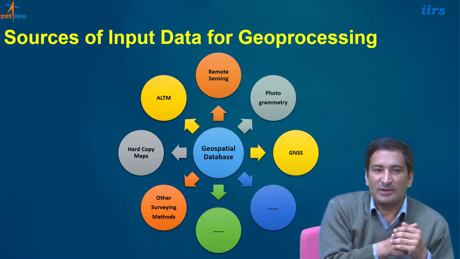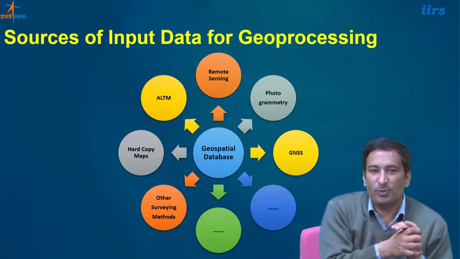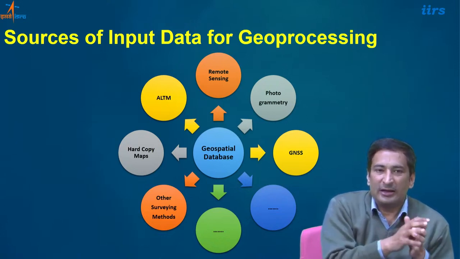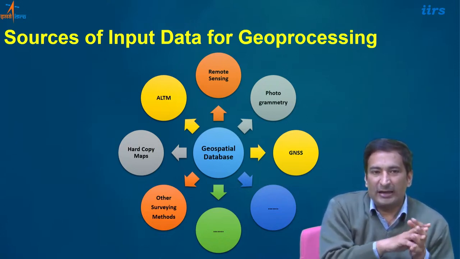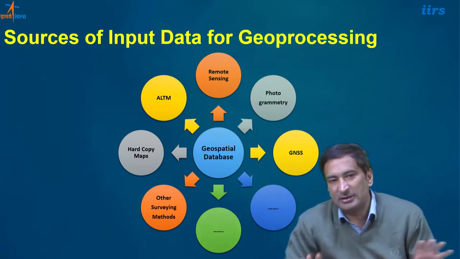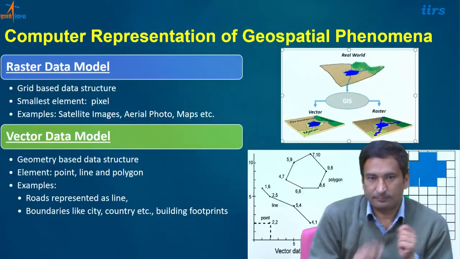So they also contribute toward the source of input data for geoprocessing. Similarly, we have ALTM, that is airborne laser terrain mapper, which is basically laser scanning. That is also one of the sources for geospatial data.